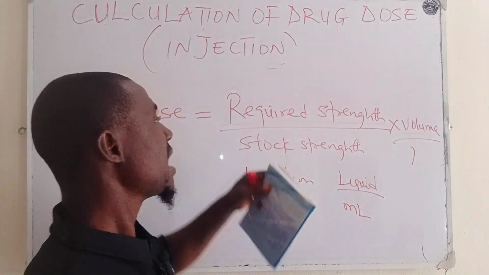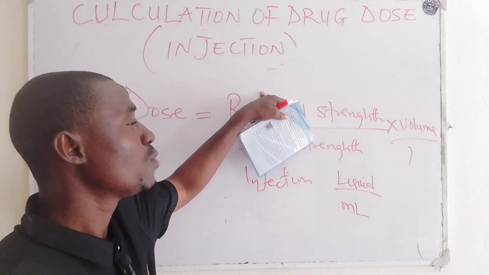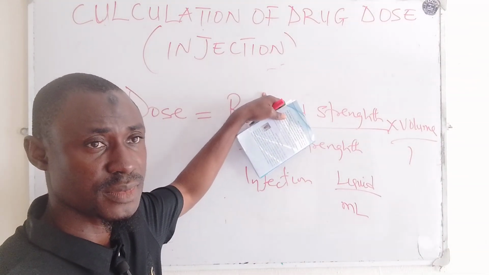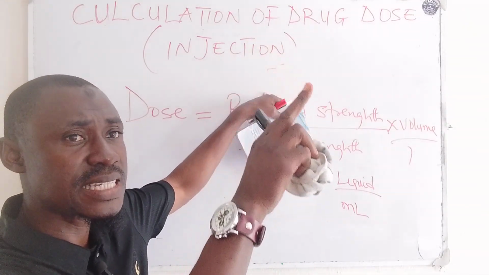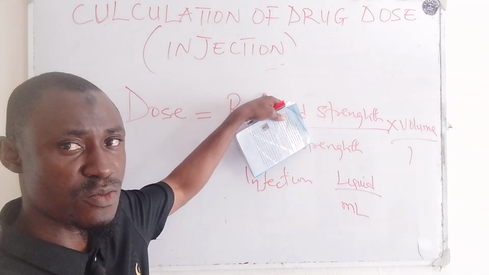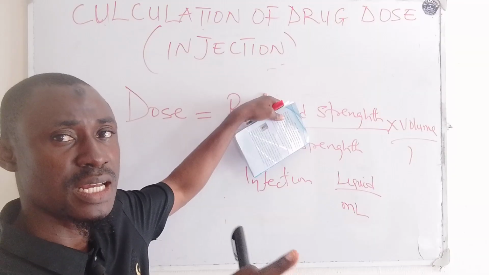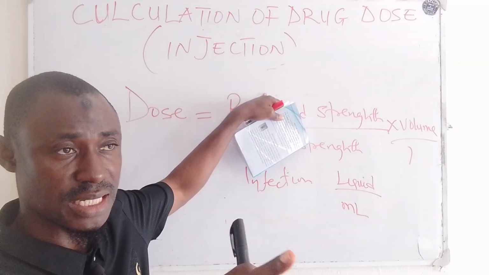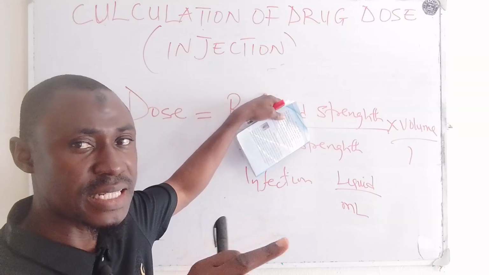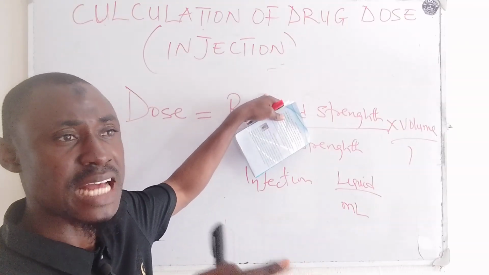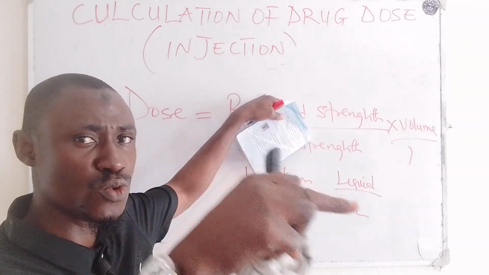So now, if you are the one getting the dose yourself, that is when you are going to apply any of the 6 rules or formulas that we have mentioned in the last class. Get the difference. If you are the one initiating or commencing or starting the treatment, that implies to say you are going to get the dose yourself.